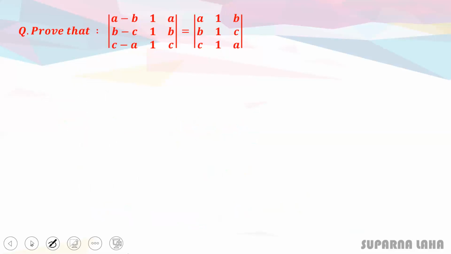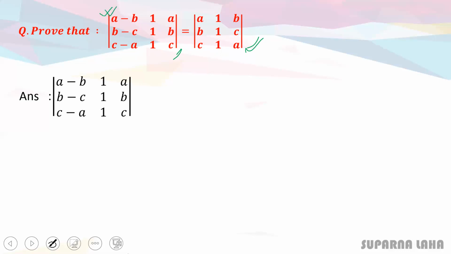A minus B, 1A, B minus C, 1B, C minus A, 1C. This determinant is equal to A1B, B1C, C1A. So these two determinants are same, we need to show that. So let's start with this LHS portion. Here I am taking this determinant value.